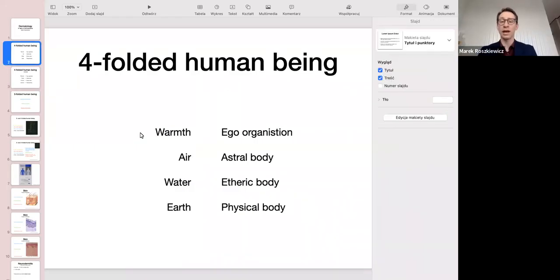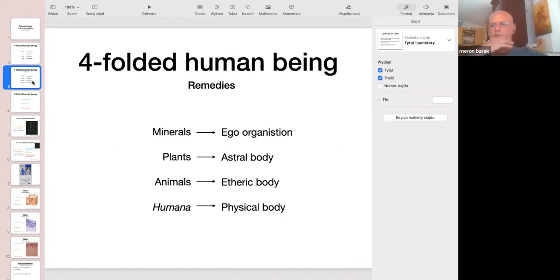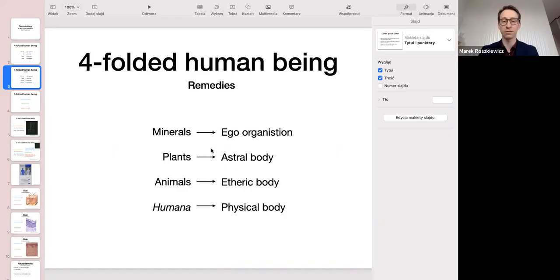So just to summarize the elements connected with the members of the human being. What would be important for this lecture is which element of nature, which can be found in nature, has a therapeutic impact on which member. As you remember, the minerals, so the most solid parts of the earth, are working on the ego organization, or the I organization.